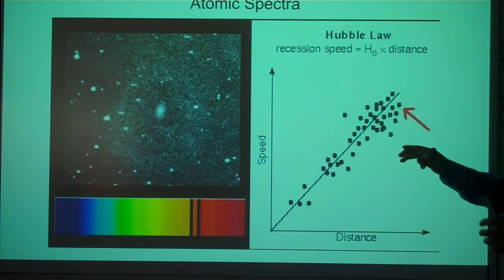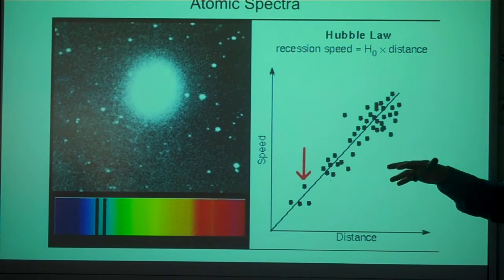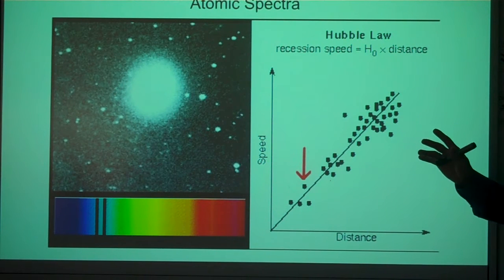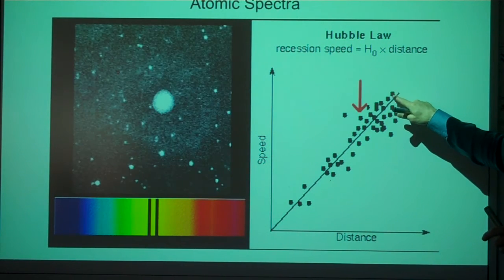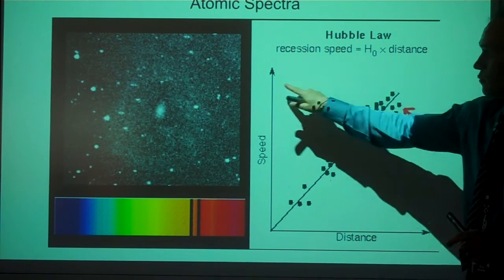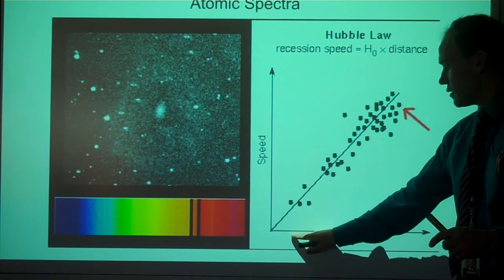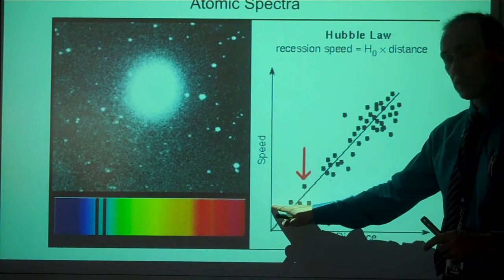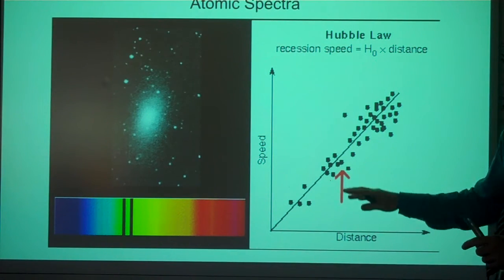As I said, when you look at a graph, it's easy to look at 50 points or 100 points and get confused and say, I'm not quite sure what that's showing me. So just pick one. That point right there, pretty far distance, pretty high speed. That point right there, not too far away, low speed. So that tends to show me what the graph is talking about.